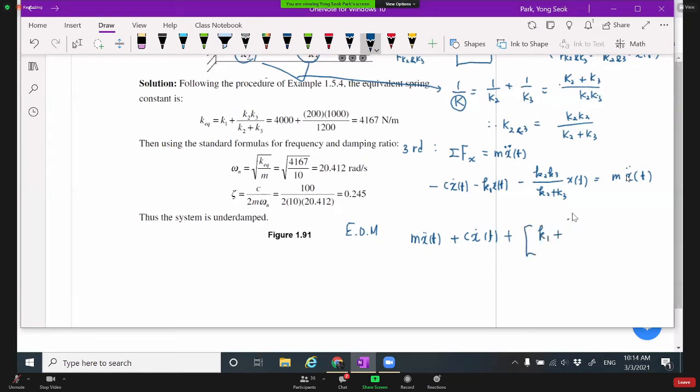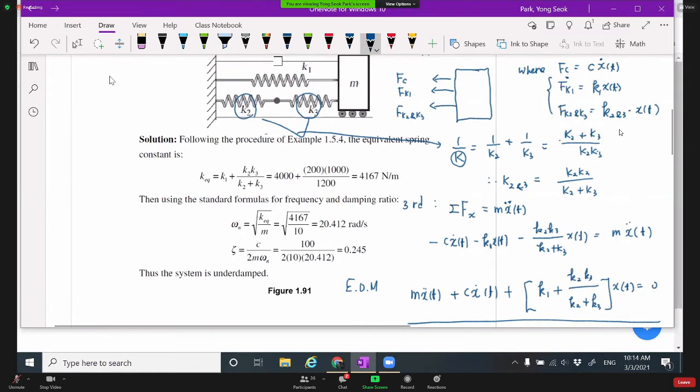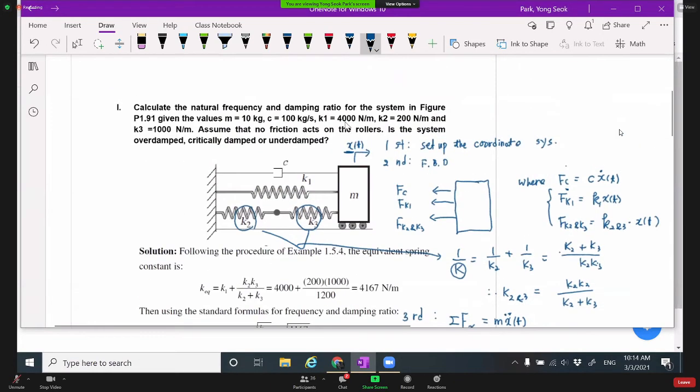Plus K2 K3 over K2 plus K3 times x, don't forget, is equal to zero. How many of you get this equation? But this problem is not asking for that, okay, but give me a thumbs up, please. You got the same answer, but hey, look at it.